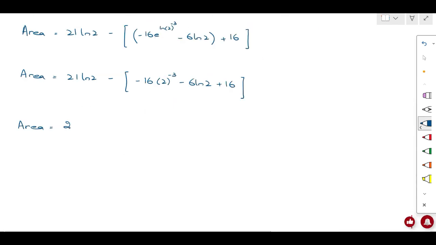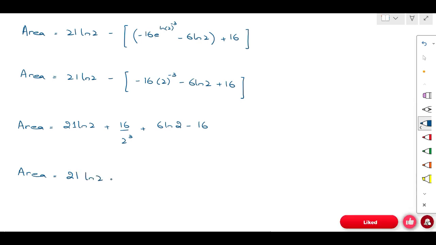So area becomes 21 natural log of 2. Negative times negative is positive, 16 over 2 cube. Negative times negative is positive, 6 natural log of 2. Negative times positive is negative 16. So 2 cube is 8 and 16 over 8 is 2, right? So area would be equal to 21 natural log of 2 plus 2 plus 6 natural log of 2 minus 16.